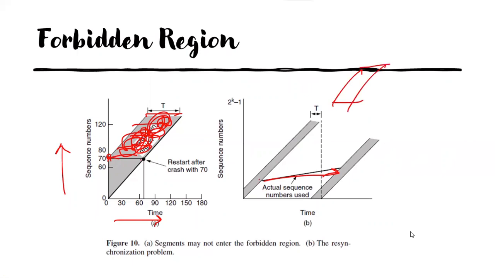Either you can move this side, wait for some time and then start using sequence numbers again, or you can use a sequence number which is way higher than the original sequence number. So in these ways, the problem of delayed duplicates can be solved effectively.